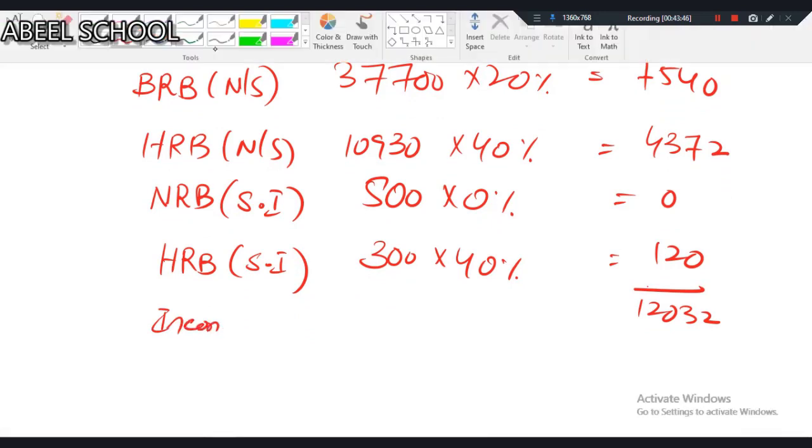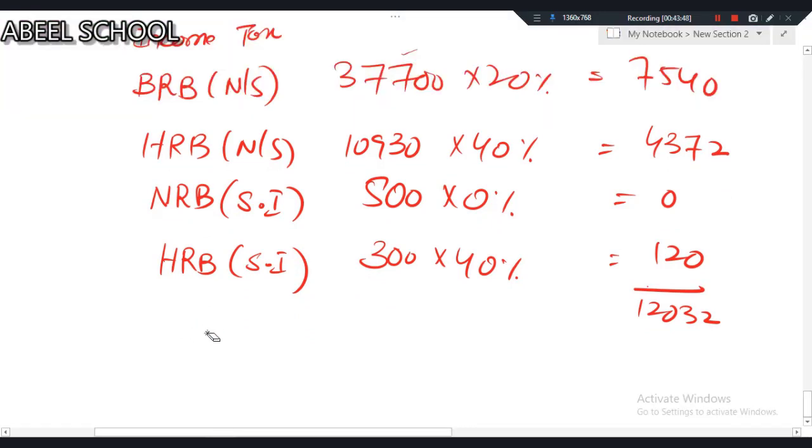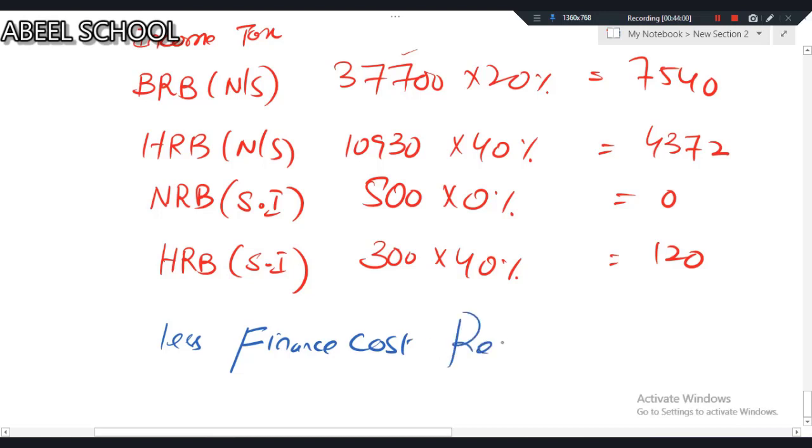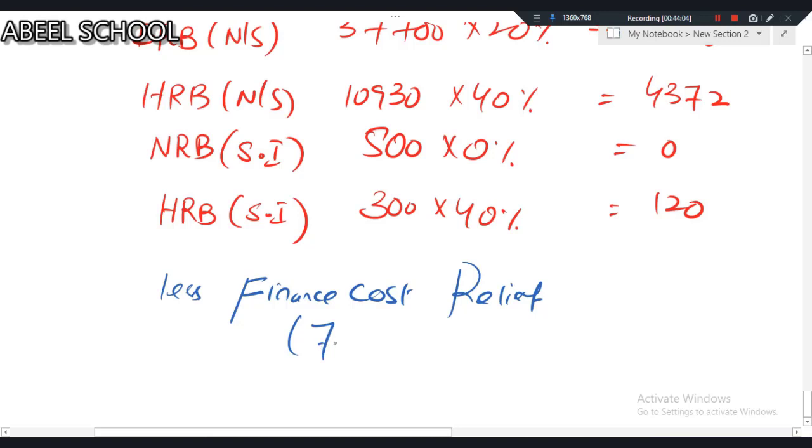Or you can do one thing. Instead of doing this, otherwise you will get confused, simply now deduct finance cost relief. The interest amount, which is given to us, is 7,500 into 20%, which is 1,500.